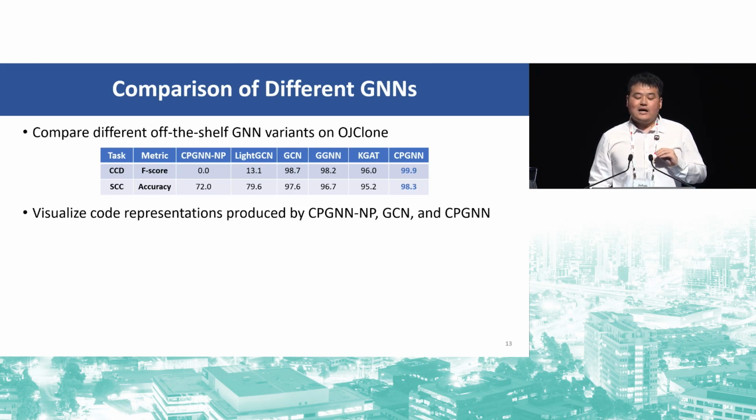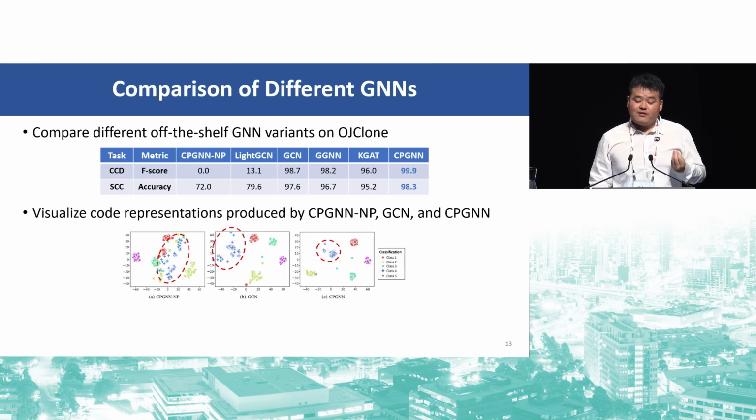We also visualize code representations produced by CPGN-NP, GCN, and CPGN. Here, why we choose CPGN-NP and GCN, that's because CPGN-NP achieves the worst performance, and the GCN achieves the second best performance.